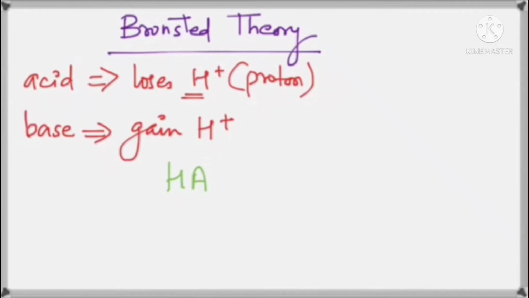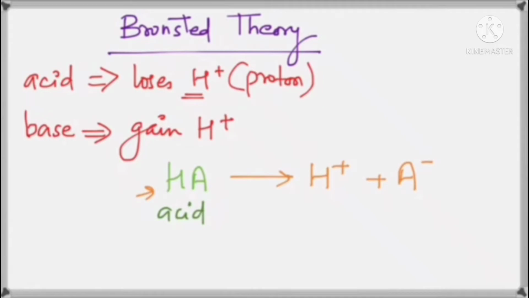HA, this compound has an H with it, so it can lose that H and it can form H plus and A minus. These are the two ions that it can form. So this compound lost a proton, and so therefore it will be called an acid.